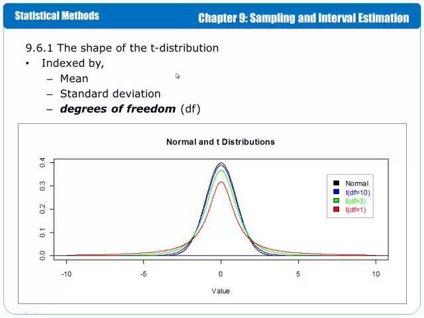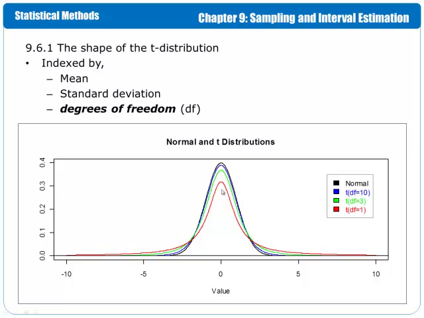The t distribution is indexed by 3 different values: the mean and the standard deviation, as is the normal distribution, but we also have a third value, which is the degrees of freedom, or df. The degrees of freedom indicate how peaked the distribution is going to be, or its kurtosis. This top curve is for the normal distribution, and those that follow it are for t distributions with different degrees of freedom.